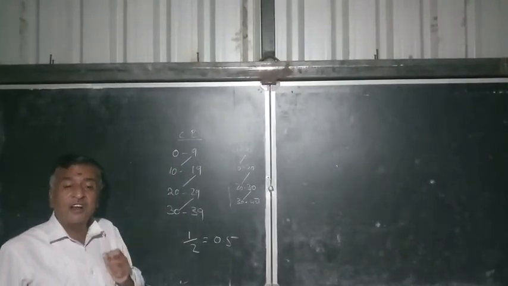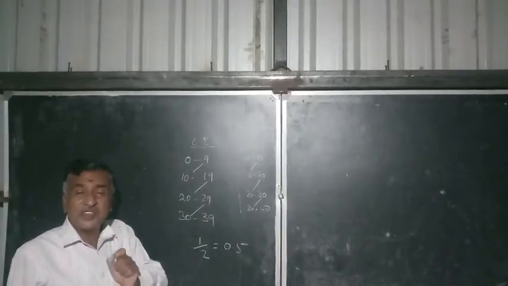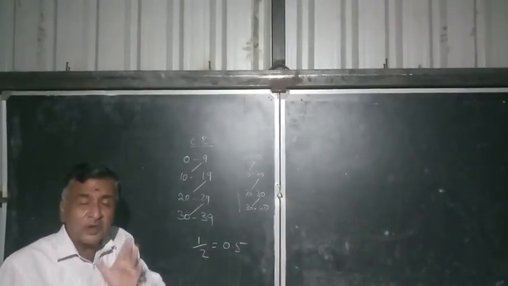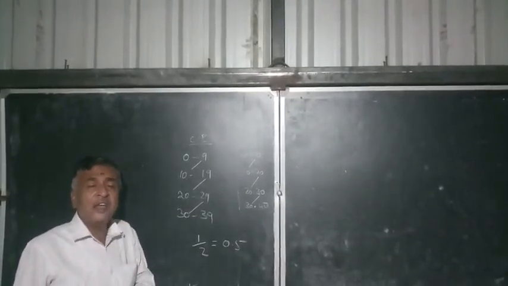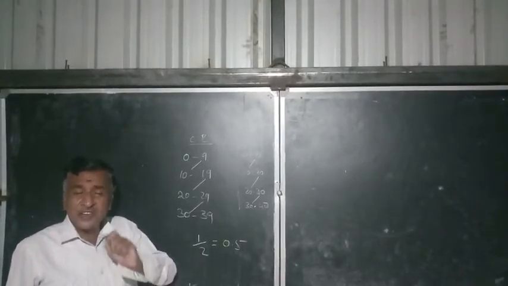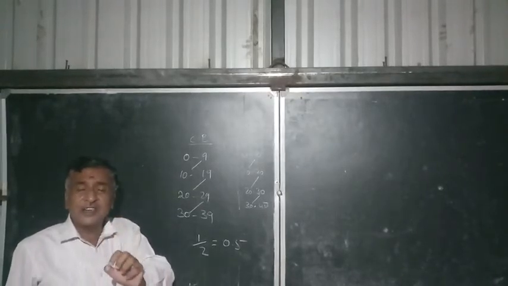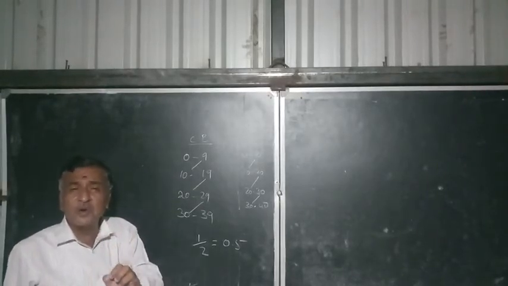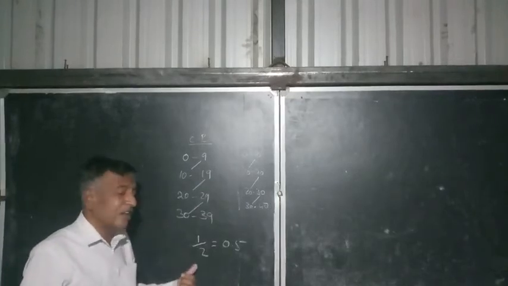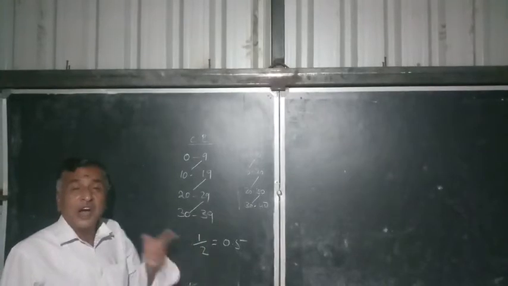If at all we want to convert the given inclusive series into exclusive, ಒಂದು ವೇಳೆ ನಾವು ಇನ್ಕ್ಲೂಸಿವ್ ಸೀರೀಸ್ ಅನ್ನ ಎಕ್ಸ್ಕ್ಲೂಸಿವ್ ಸೀರೀಸ್ ಆಗಿ ಕನ್ವರ್ಟ್ ಮಾಡಬೇಕು ಅಂದ್ರೆ ಕರೆಕ್ಷನ್ ಫ್ಯಾಕ್ಟರ್ ಅನ್ನು ಅಡ್ಜಸ್ಟ್ ಮಾಡಬೇಕು. ಇಲ್ಲಿ ಕರೆಕ್ಷನ್ ಫ್ಯಾಕ್ಟರ್ ಎಷ್ಟು? 1 divided by 2. ಯಾವ ರೀತಿ ಬಂತು?